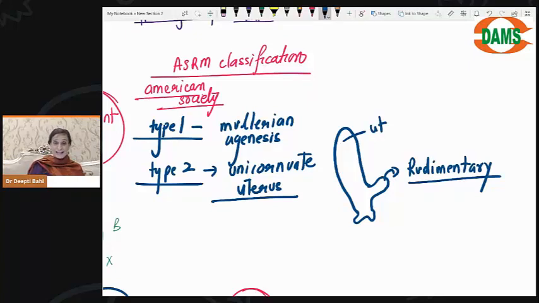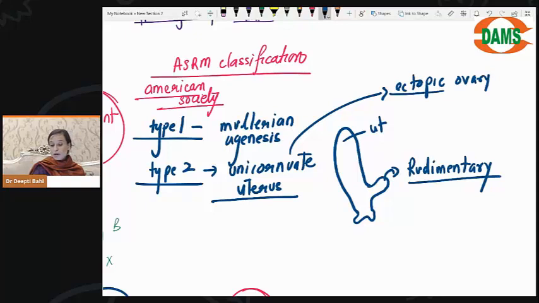There are just 2-3 things that you should know about unicornuate uterus as one-liners. They have some clinical relevance, and that is why I'm telling you. Unicornuate uterus is the Mullerian anomaly which can be associated with ectopic ovary. That's number one, because when you do the ultrasound in these women, you may find this.